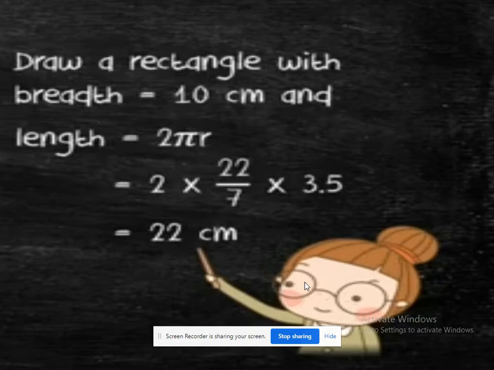Take pi value as 22 by 7 and take radius as 3.5. So length will be how much? 2 into pi into r, that is 2 into 22 by 7 into 3.5. So the answer you will get is 22 centimeter.